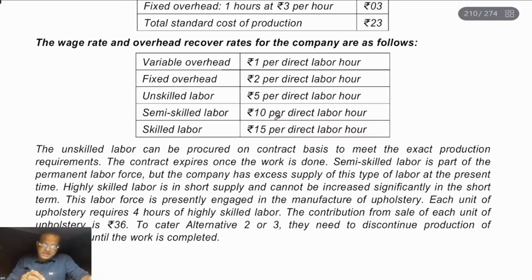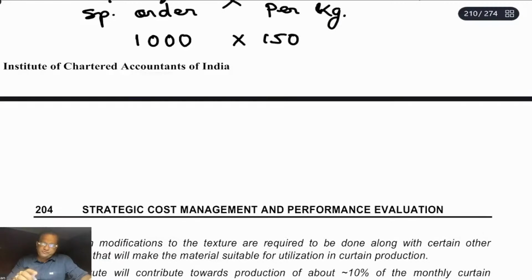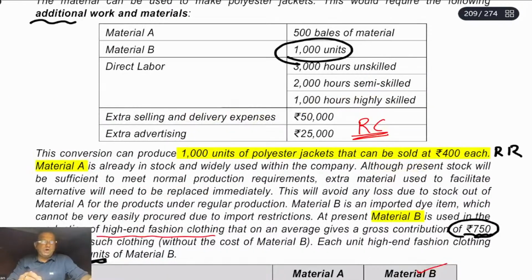So what is the rate? Unskilled labor rate is ₹5 per hour, semi-skilled rate is ₹10 per hour, and skilled rate is ₹15 per hour. And how many hours do we require in alternate number 2? It's 3,000 unskilled, 2,000 semi-skilled, and 1,000 highly skilled.